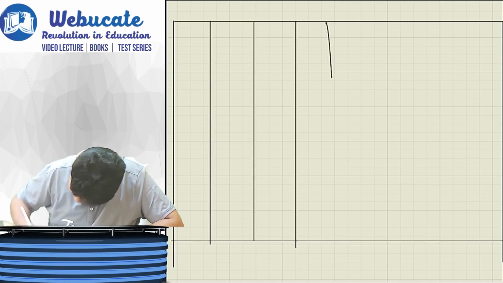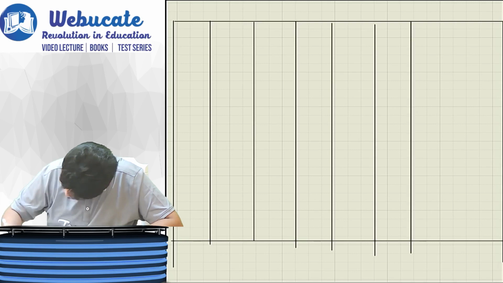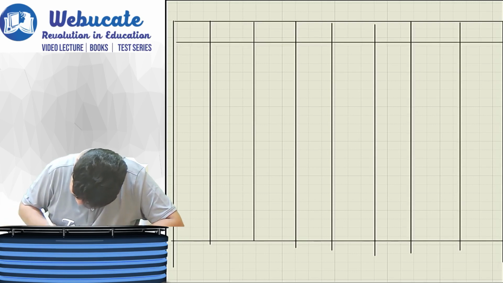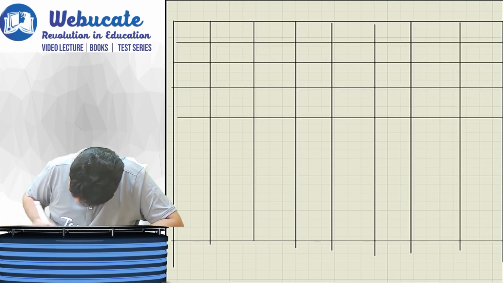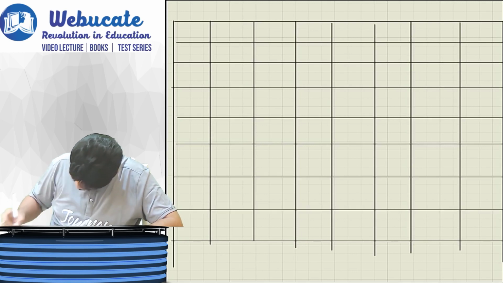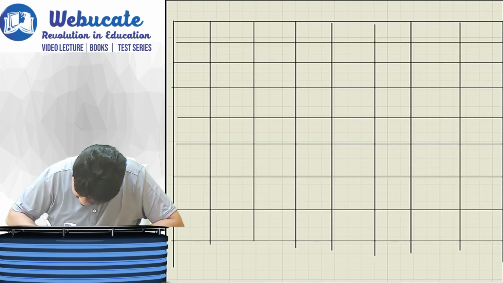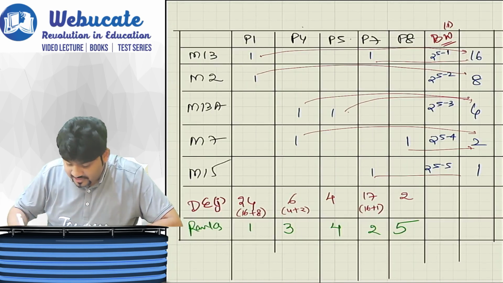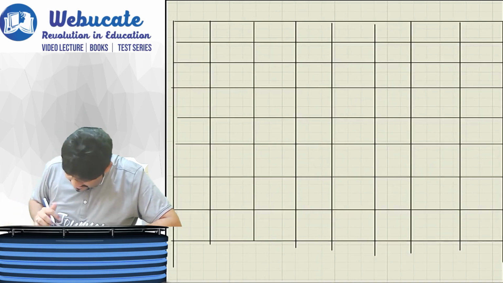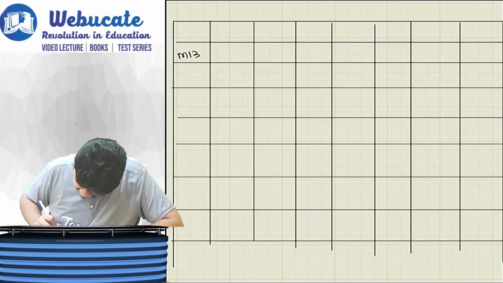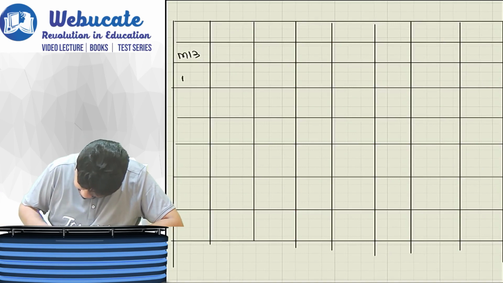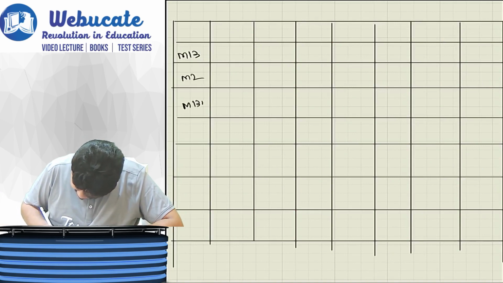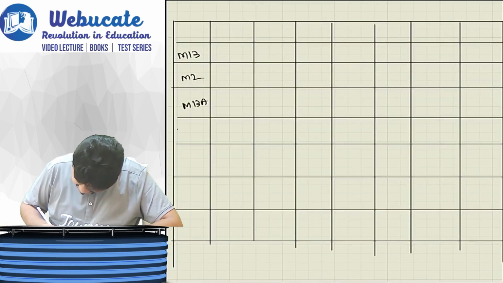Here P1, P4 will change as per ranking, but M13, M2, M13A, M7, M15 will remain as they are.